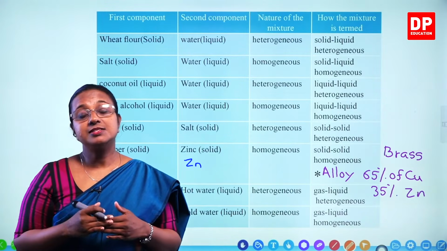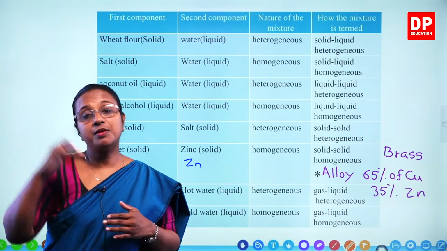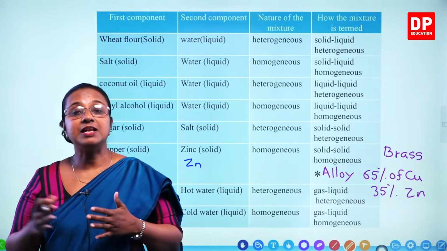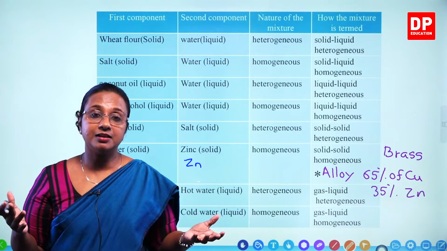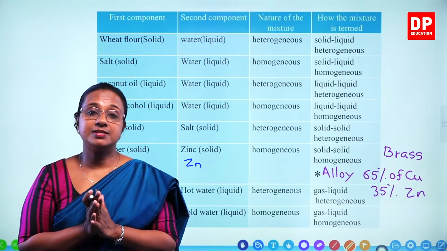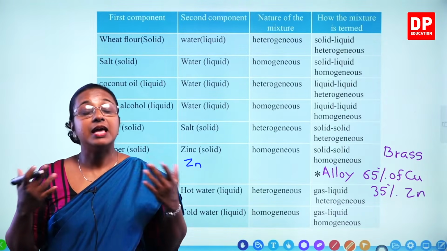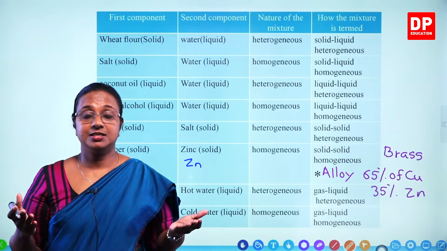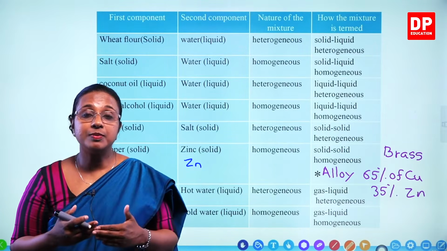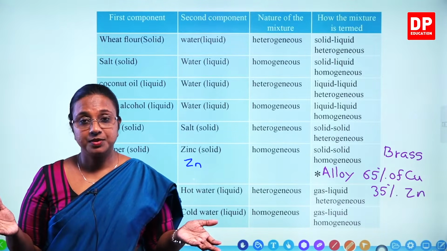And if there is less copper at the top of the vessel, that will have a different texture and color. Then that particular vessel will not have the expected quality. The brass will not be of good quality.